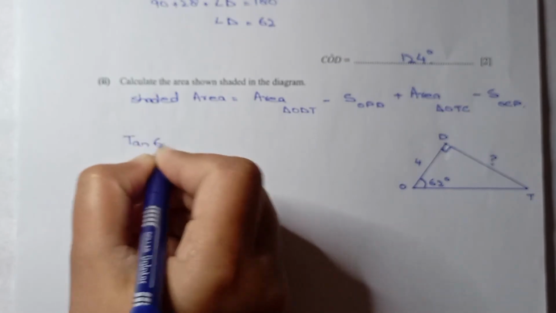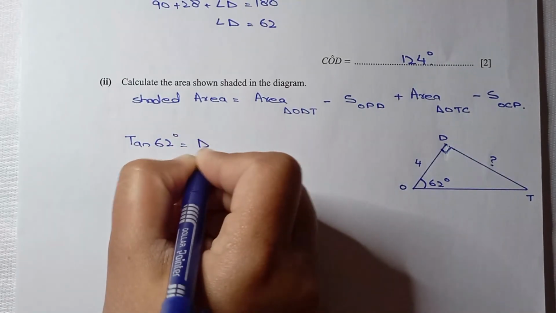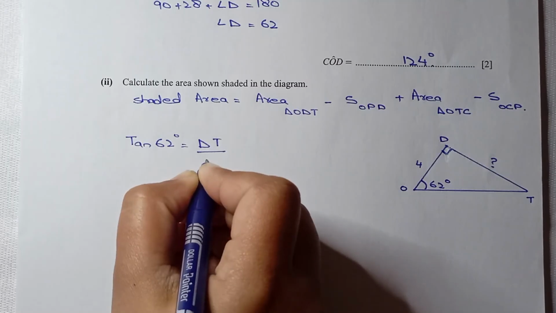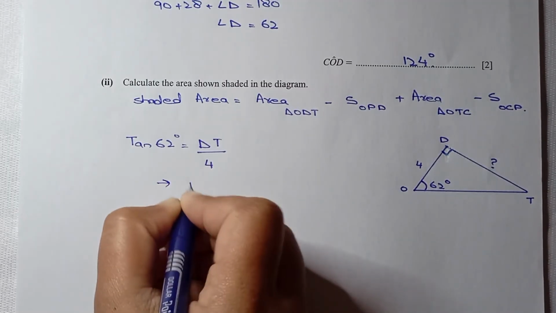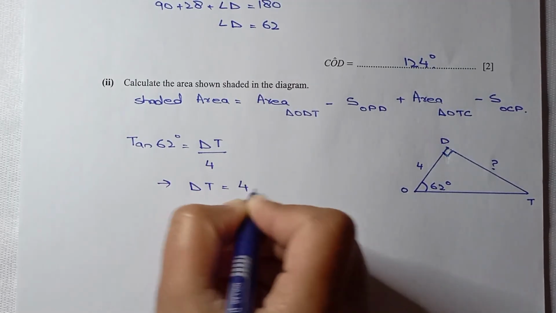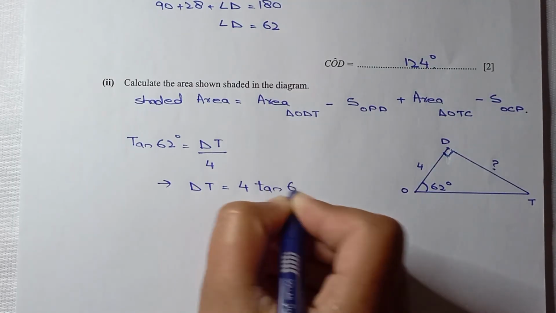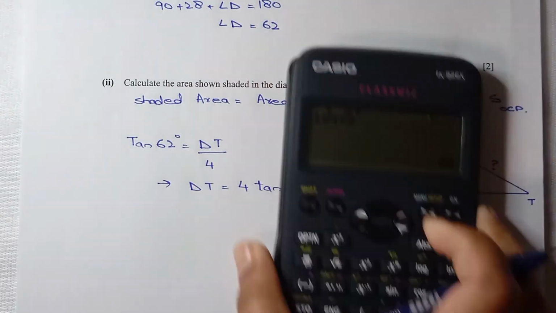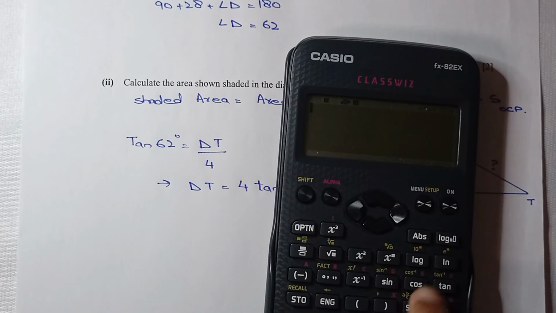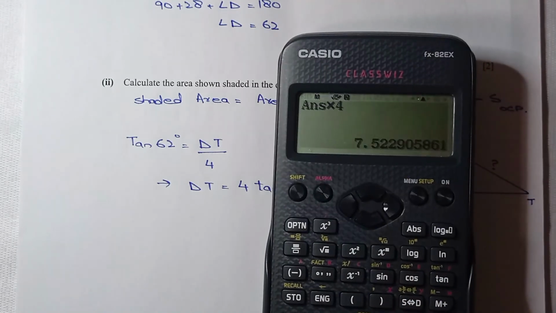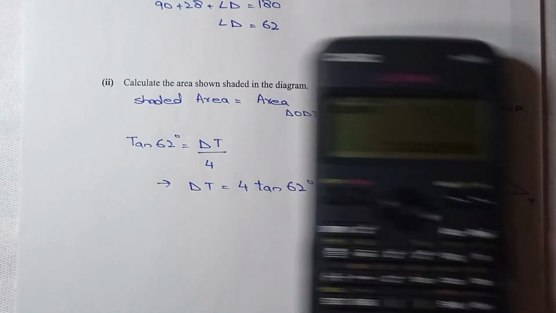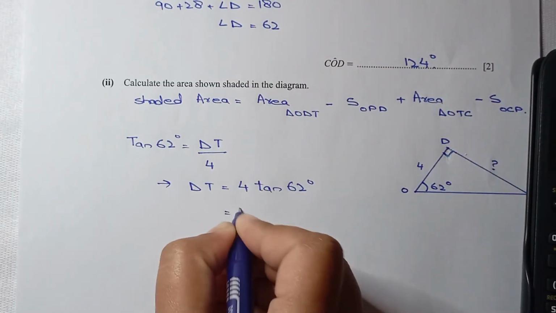Tan of 62 would be equal to opposite, that is DT, over adjacent, that is 4. So from here DT would be equal to 4 tan 62. So we have tangent of 62 times by 4, we have DT, that is 7.52, or we can just say 7.5 centimeter.